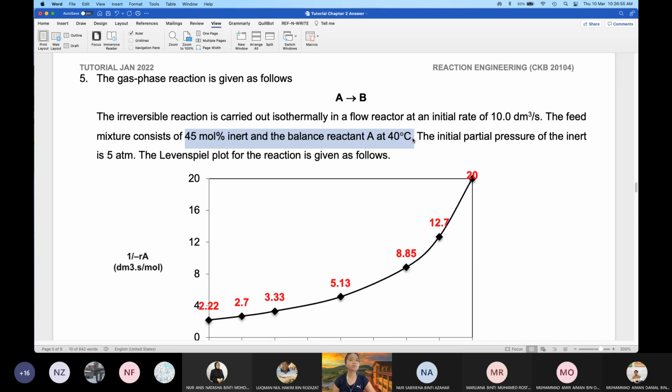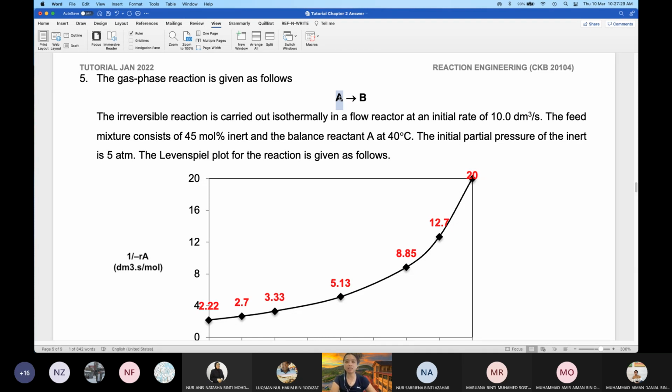It tells us the initial feed consists of 45 mole % inert, balance A. You notice in my reaction I have one reactant which is A. However, this is gas phase, so this is gas A. However, it's not 100% gas A in the system at the start, or in the feed it wasn't 100% pure gas A. Instead, we have 45 mole % of inert gas.